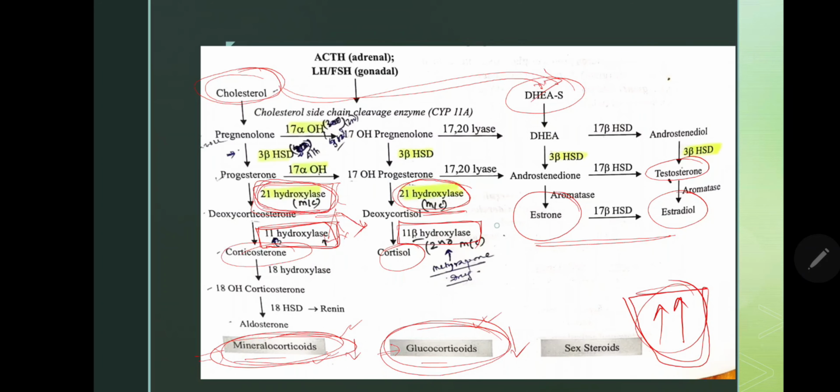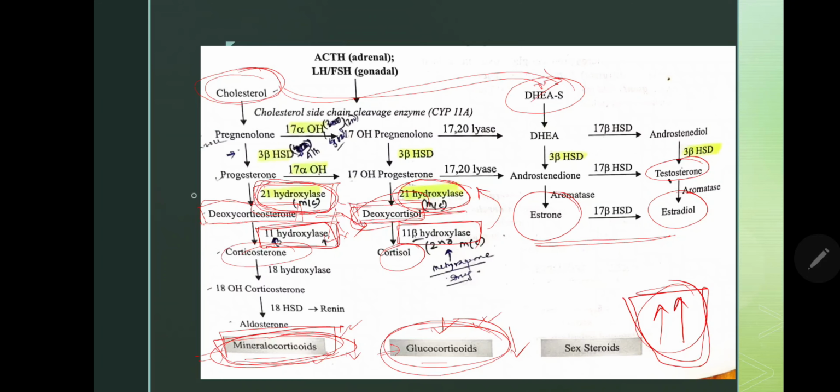So it looks similar to 21 alpha hydroxylase, but the crux is the precursors formed, deoxycorticosterone and deoxycortisol. This deoxycorticosterone is similar in action to mineralocorticoid, but deoxycortisol is not similar to the function of cortisol.